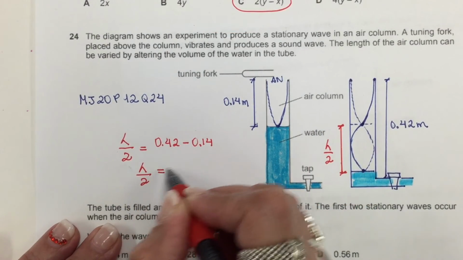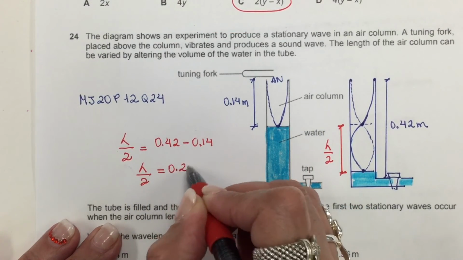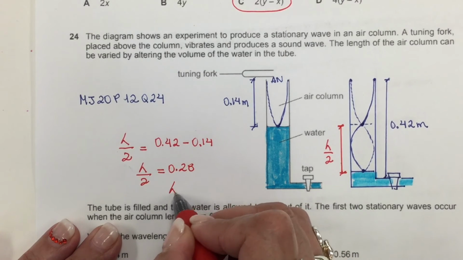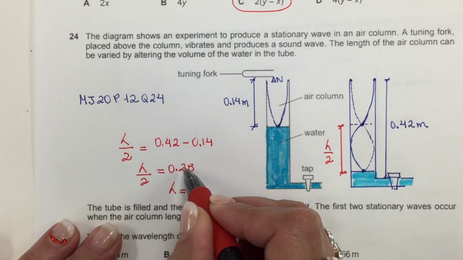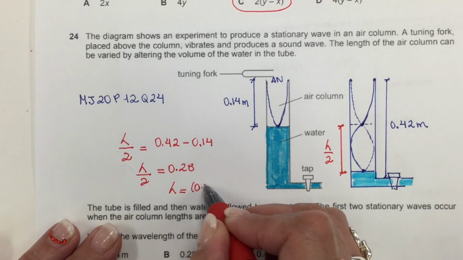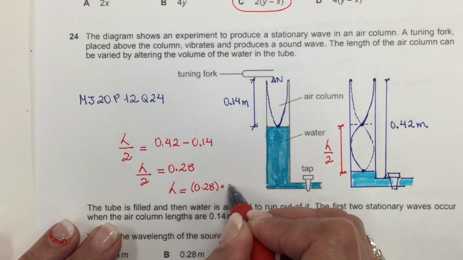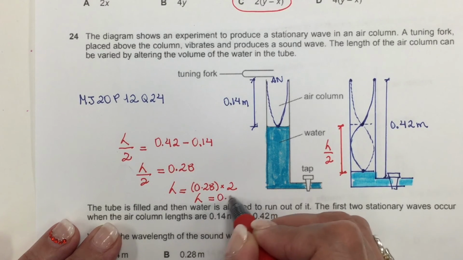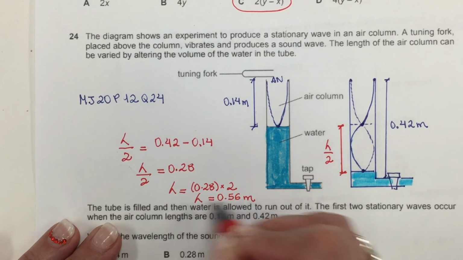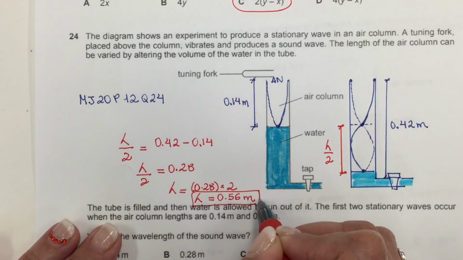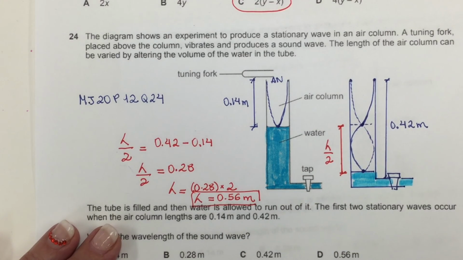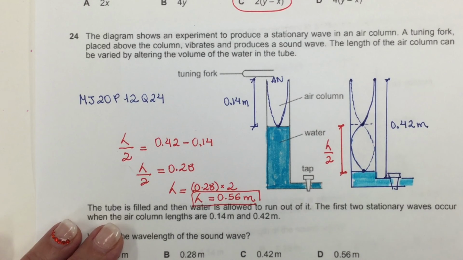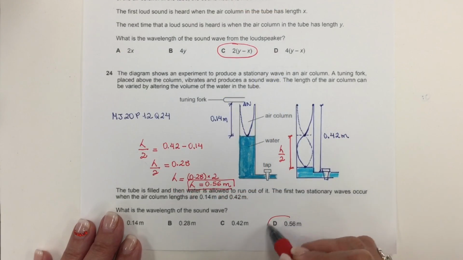So this is 0.28. So the wavelength is 2 times 0.28. Let me write this down for you. And the wavelength is 0.56 meter. So that's the length of a complete wavelength produced by this particular tuning fork, which is the option D.